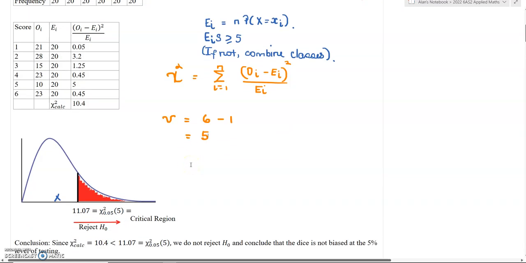So we will reject H0 if our chi-squared calc is greater than 11.07. And since our chi-squared calc, which is 10.4, does not lie in the rejection region, that is, since the chi-squared calc is less than 11.07, we do not reject H0 and conclude that the dice is not biased at the 5% level of testing.